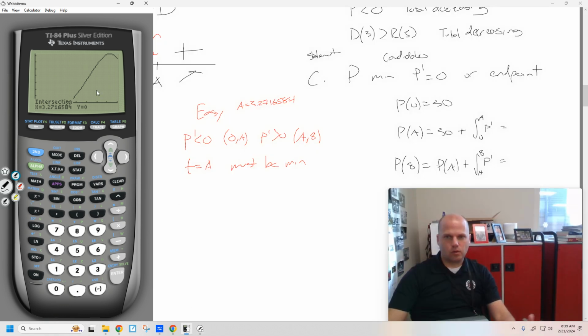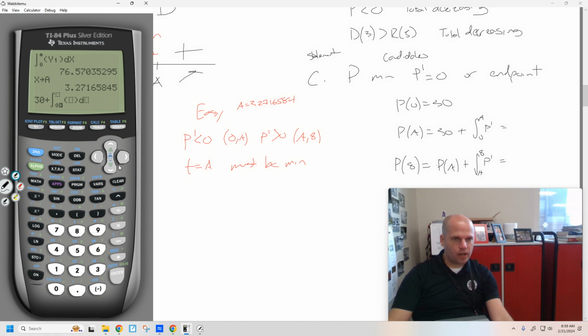And let's do it. I need to store this. If you haven't started storing, make sure you store. It just makes life so much easier. You have your initial amount plus, again, you could have this separated into an integral of y1 and an integral of y2, or you can just accumulate P prime, which is y3.